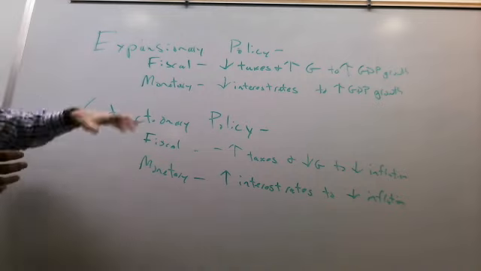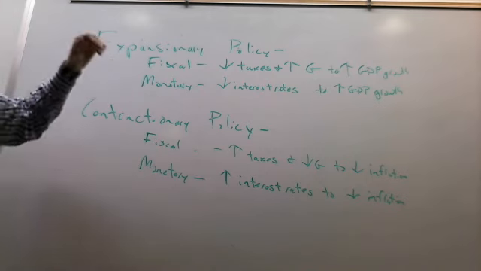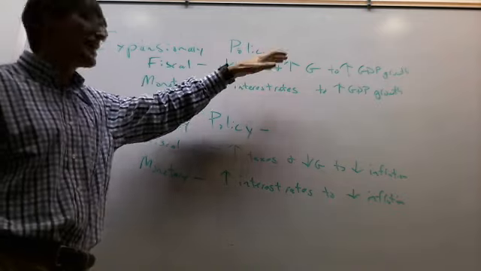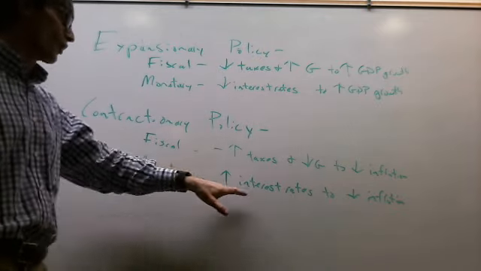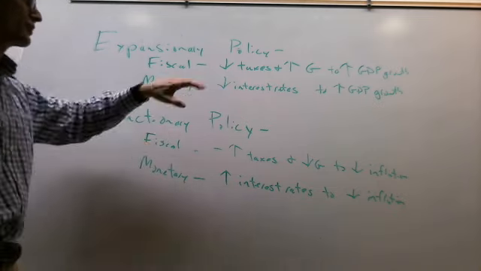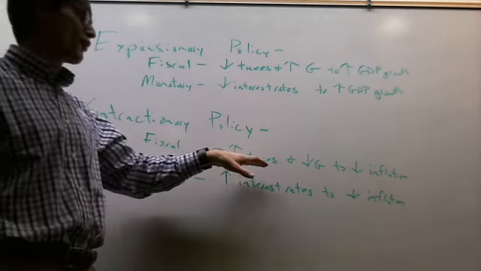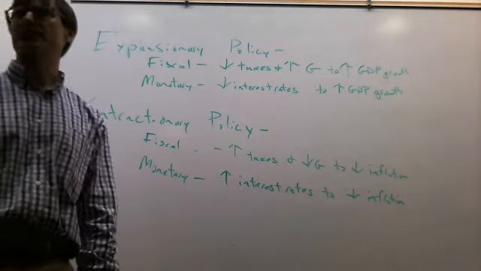So whenever there are stimuli happening to the economy, the government is saying, should I try to make it grow faster, cutting taxes, increasing government spending, or decreasing interest rates? Or is there inflation, which is a problem, therefore I'd want to raise taxes, decrease government spending, or increase interest rates.